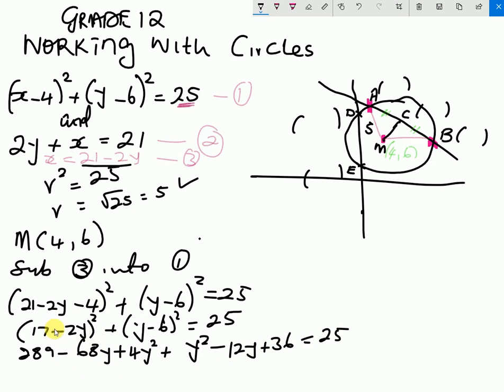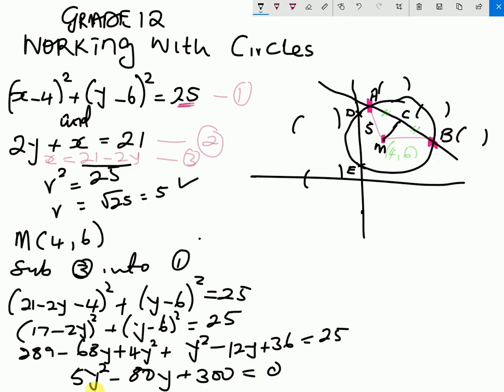When you work this out, let's start with the y squared. 5y squared. Then this one there is 80, minus 80y, and this one, I think it gives 300, equals 0.